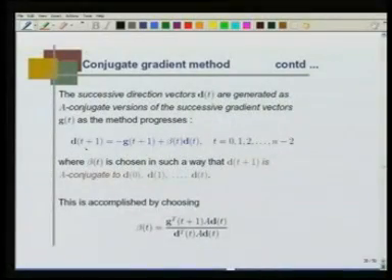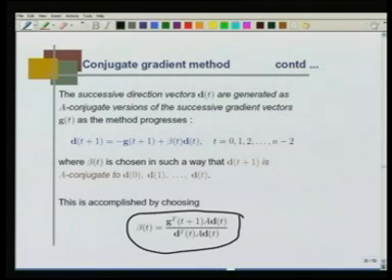So, we can have a recursive relation for computing this direction vector, which is written as dt plus 1 is minus gt plus 1 plus beta t dt, where beta t is given by this formula. So, we compute recursively the direction vector dt plus 1, t equal to 0, 1, until we compute n direction vectors.